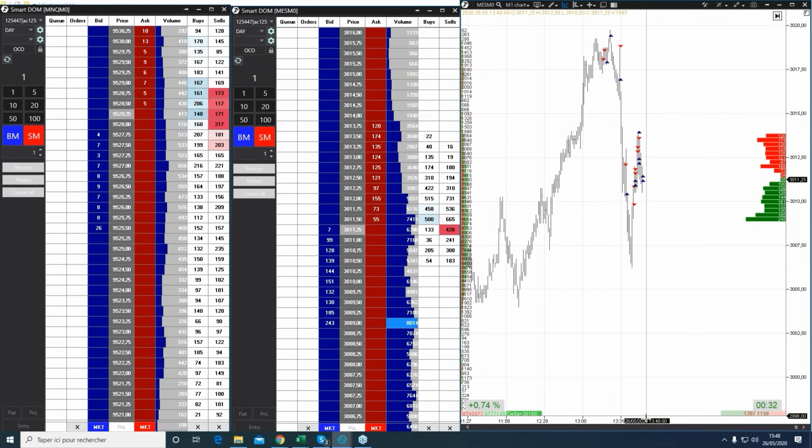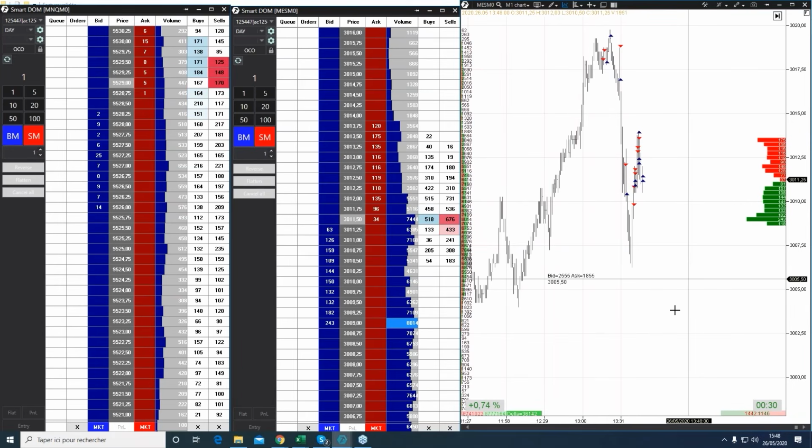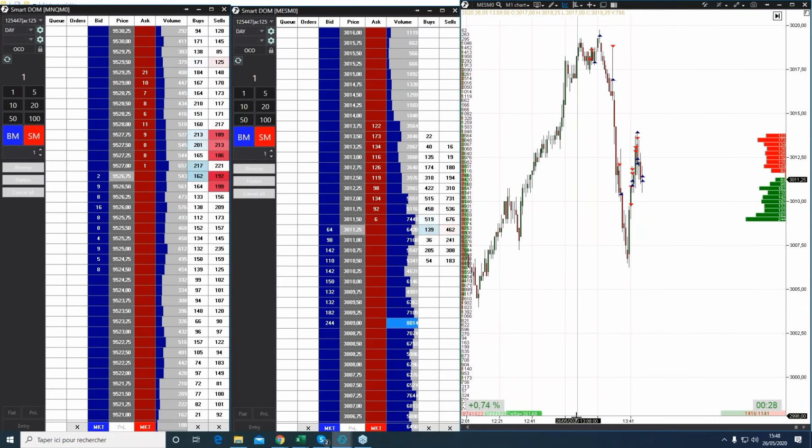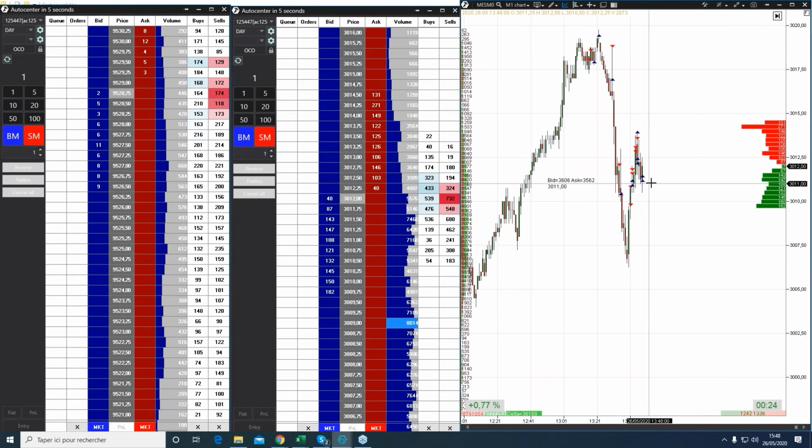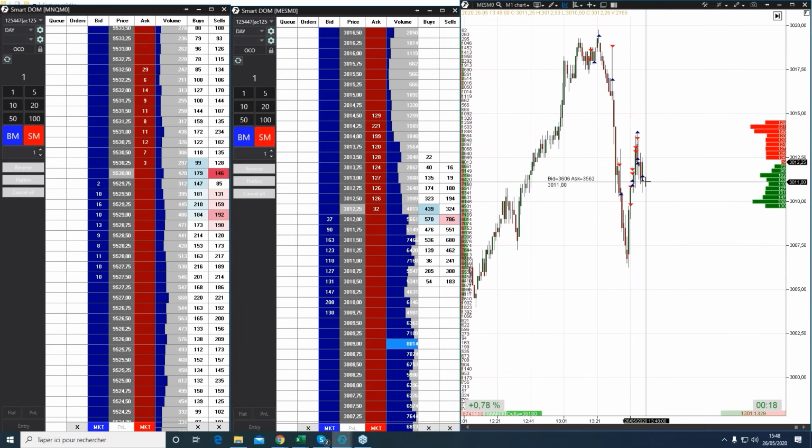Okay, is it going to go to 9? First target 9, the POC, full POC. There's a buyer blocking. The buyer is very strong, as you can see. The POC is going to change from 9 to 11.50.